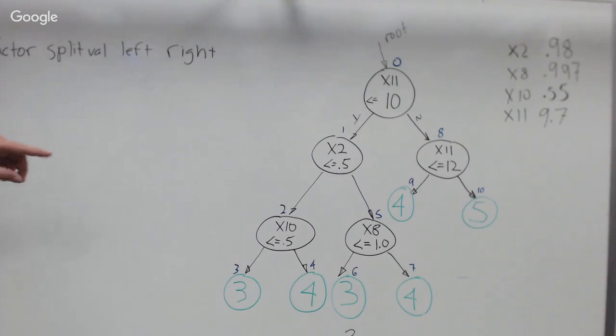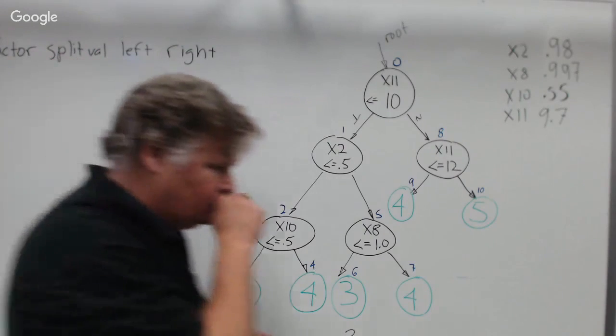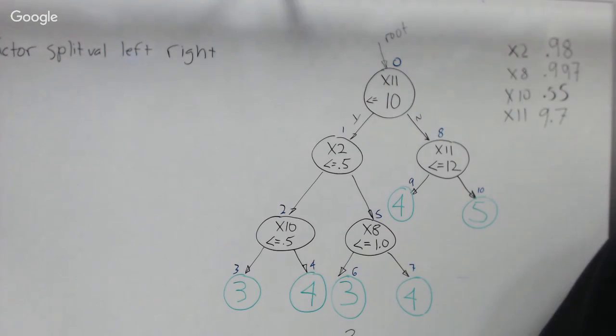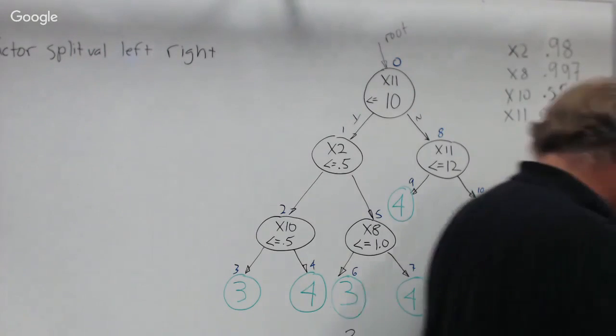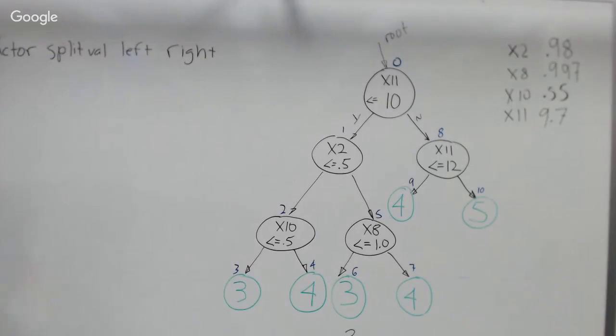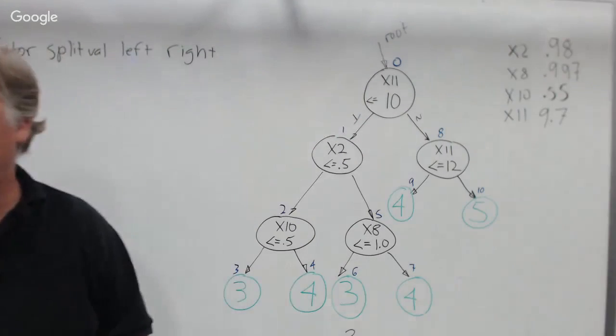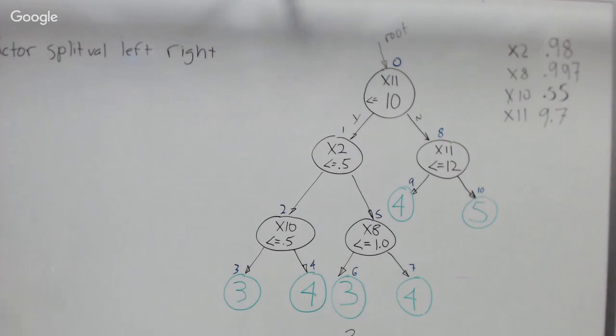So let's start with this one. I'll use a different color. Oh, and by the way, these little blue numbers are labeled to correspond to the rows that I'm going to fill in over here.